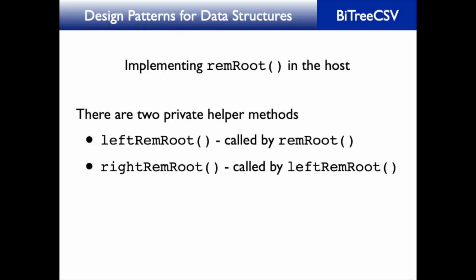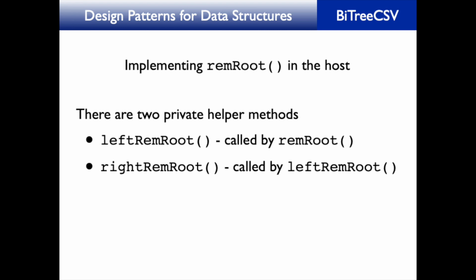And the current version of the DP4DS distribution software differs from the previous versions in 2 respects with this BiTree CSV project. First, we now have 8 methods that the host provides instead of 6, and also the implementation of remroot in the previous version of the software distribution used isEmpty, which was a plugin, so that the host can be self-contained and can be implemented without any plugins.